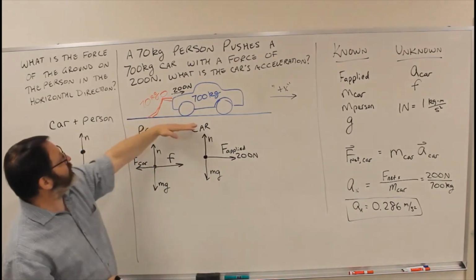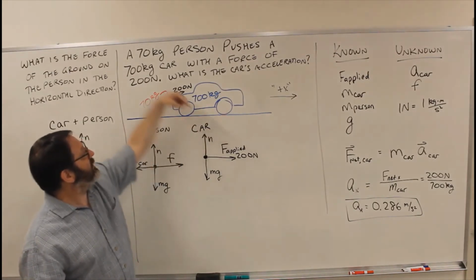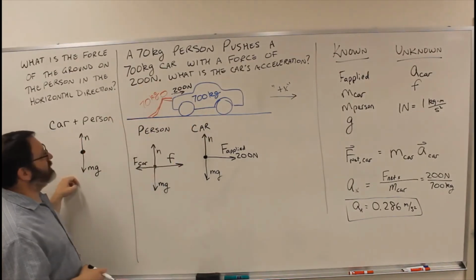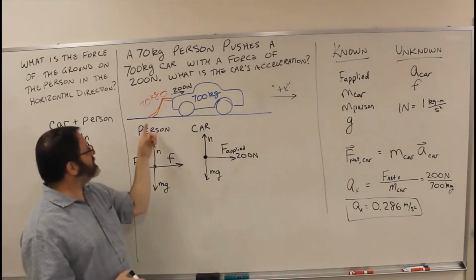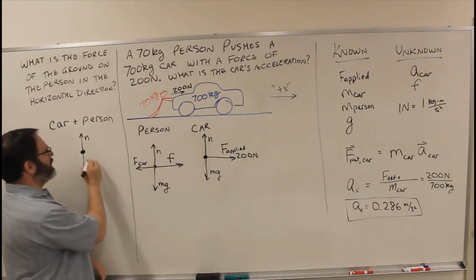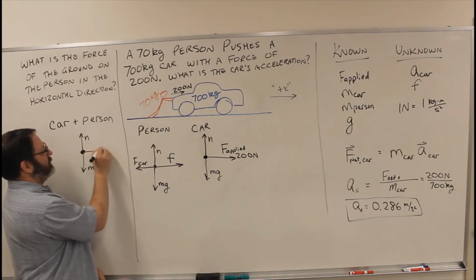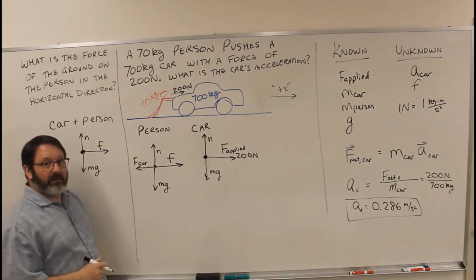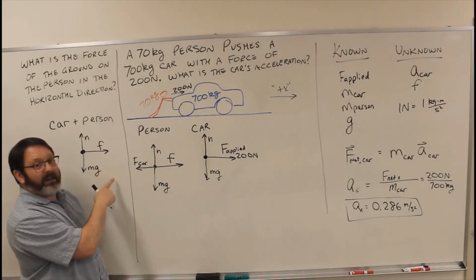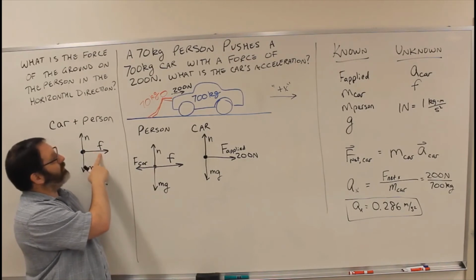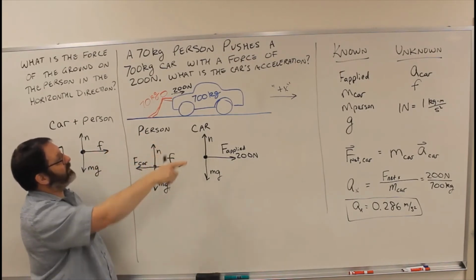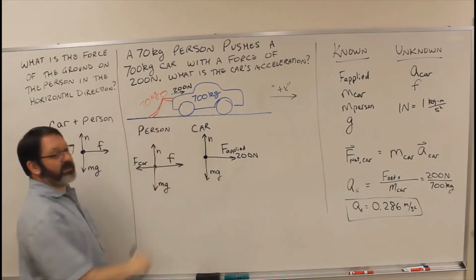So normal force is acting on them. Gravitational force is acting on them. And the only other force is this frictional force from the ground. So now my free body diagram is simpler. I know whatever that friction force is from the ground, that's pushing those two.